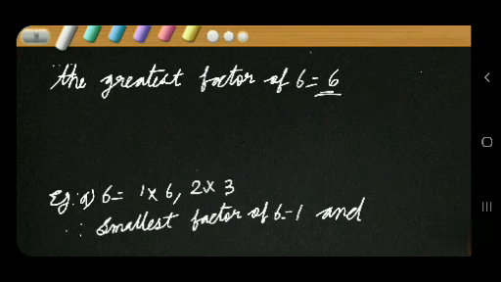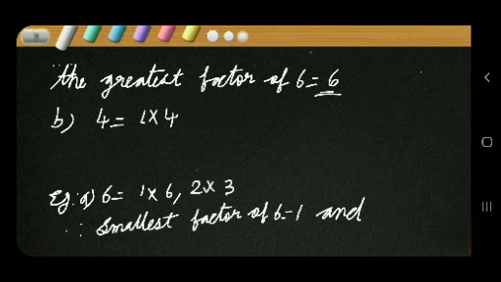Example B, 4 can be written as 1 into 4, and the other possibility is 2 into 2. Therefore, what can be concluded?